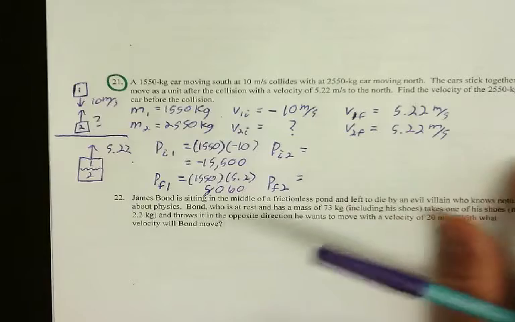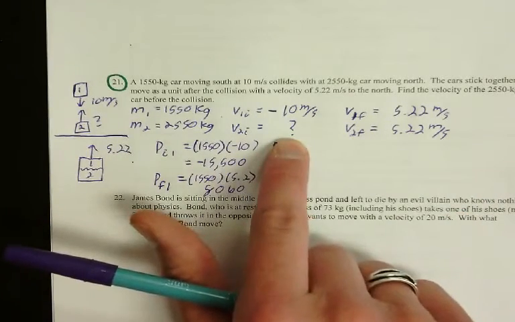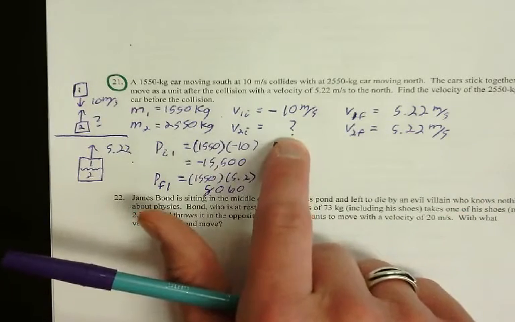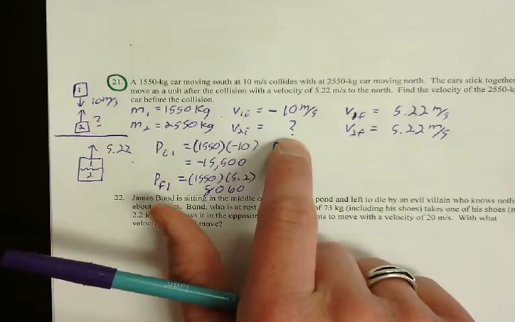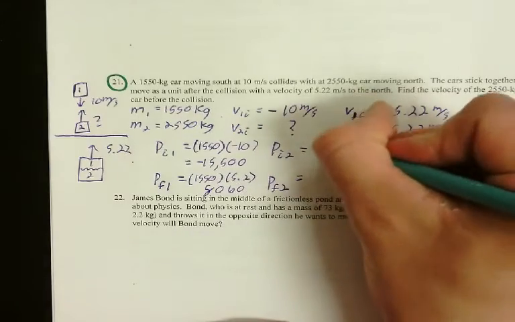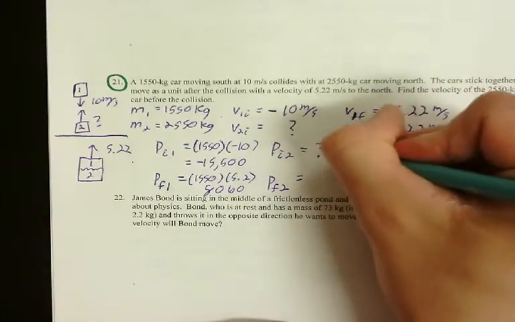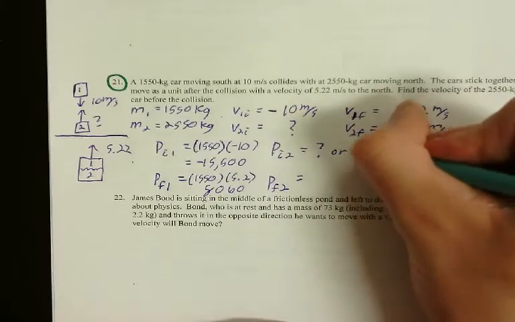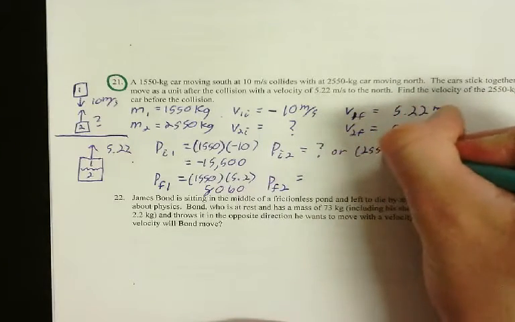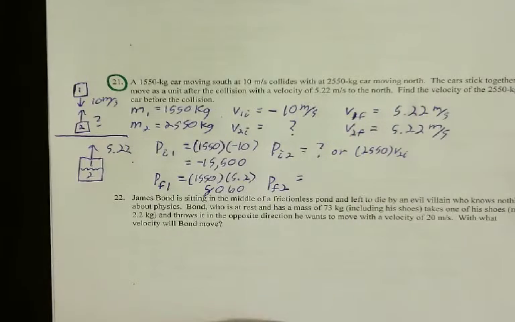Now I do the initial of 2. So the initial 2 is mass times its initial velocity. So I don't know what that number is. So there's 2 ways you could do this. You can either just say initial of 2 is question mark, or you could say the initial of 2 is 2550 times V2i. It doesn't matter which way you do it.